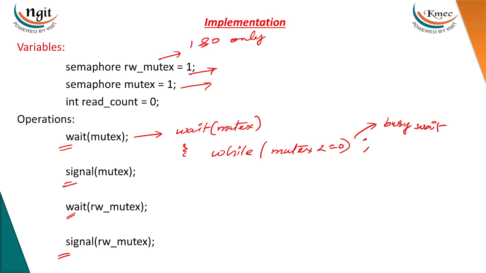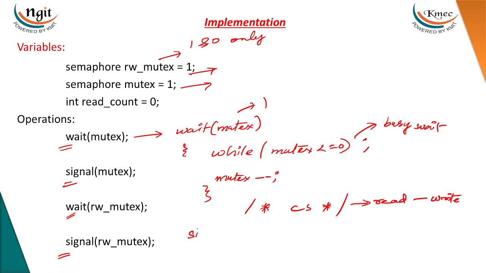If it is 1, we decrement the value by 1 and allow that process to enter the critical section. Critical section means either a read or write operation is performed. Once the critical section is done, we use signal on mutex or rw mutex, which implements the increment operation.